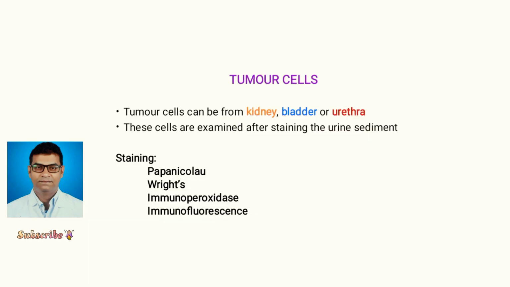Tumor cells. Tumor cells can also be seen in the urine sample. They can be from the kidney, bladder or urethra. These cells are examined after staining the urine sediment. The stains that are used are Papanicolaou stain, Wright stain, immunoperoxidase stain and immunofluorescence stain.